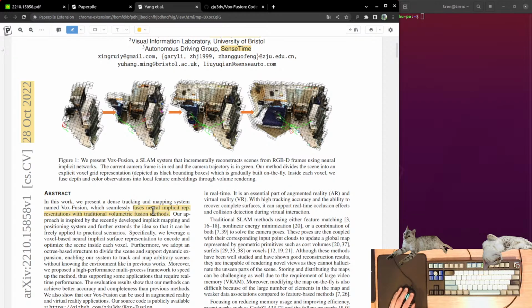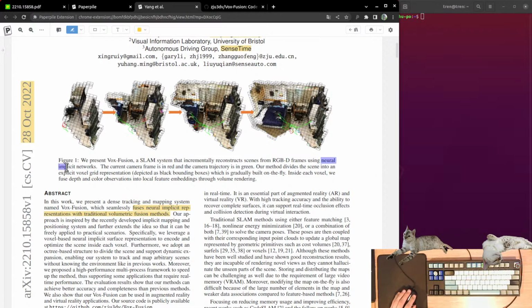So neural implicit representations are kind of these nerfs that you've been seeing around, where rather than explicitly saving objects as meshes and textures, people are now storing scenes as neural networks, right?